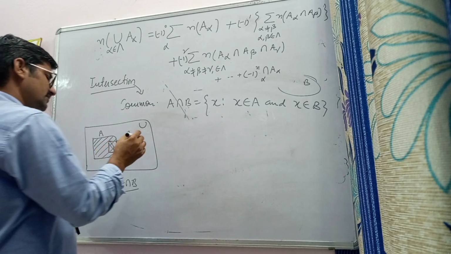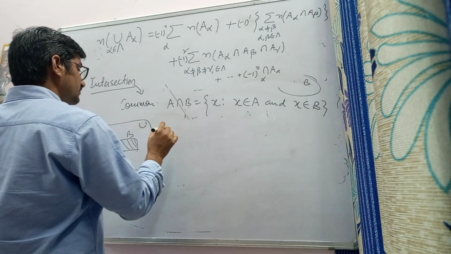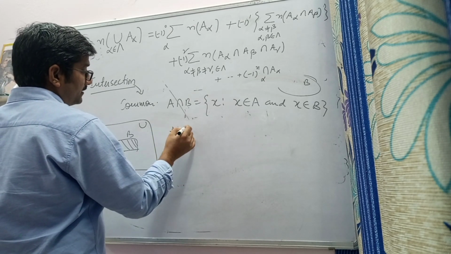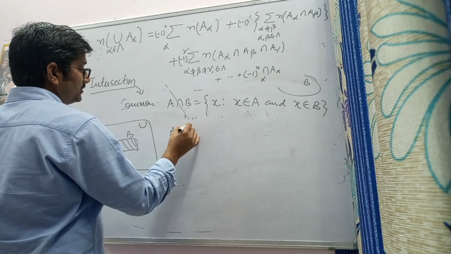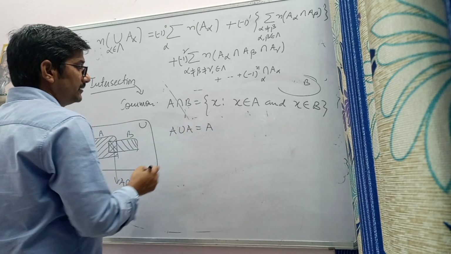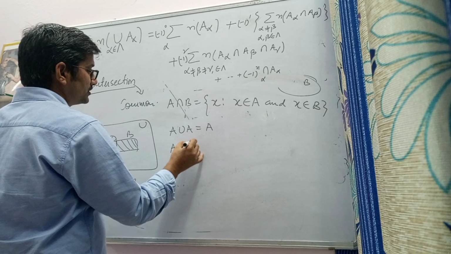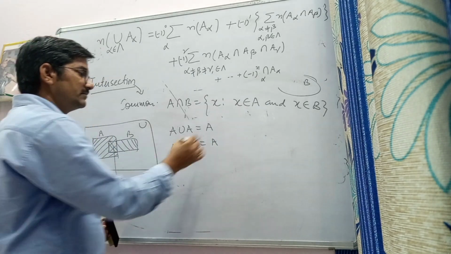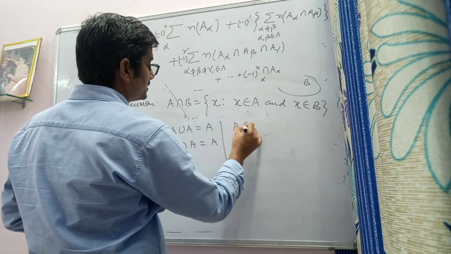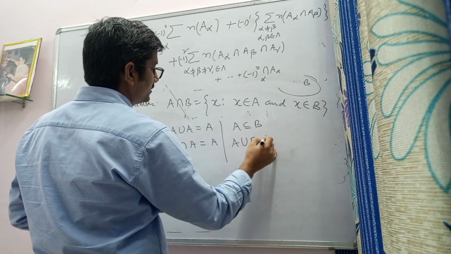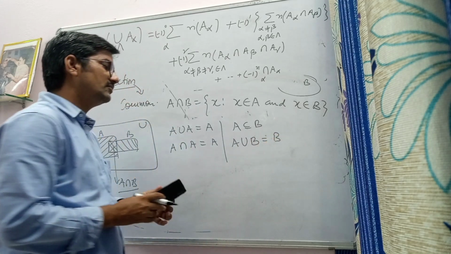We can remember some properties of union and intersection. A union A is A. A intersection A is also A. If A is a subset of B, then A union B is B, meaning the union is the bigger set.